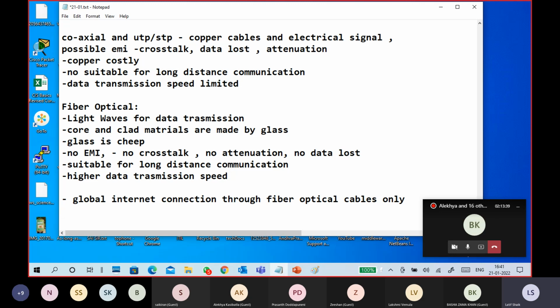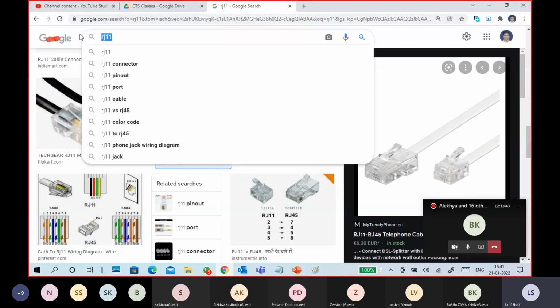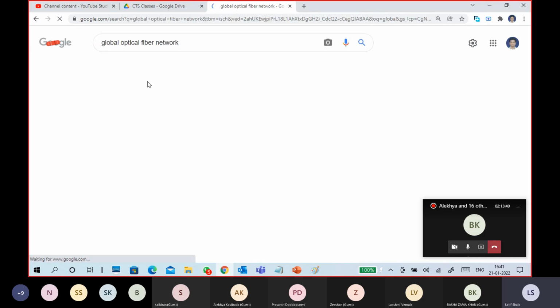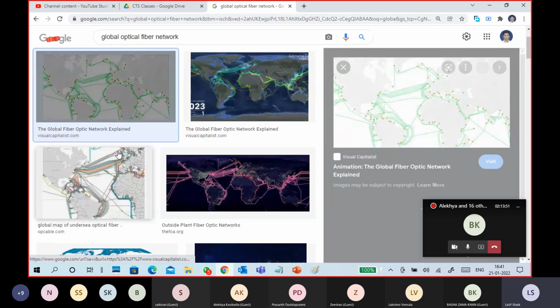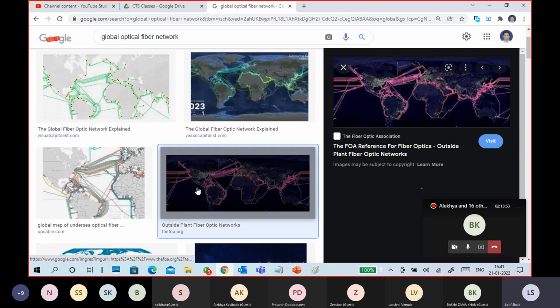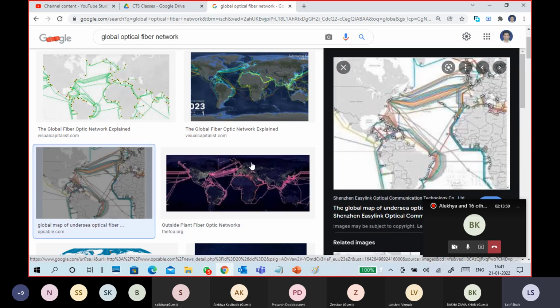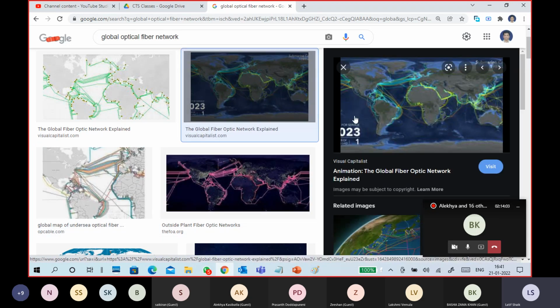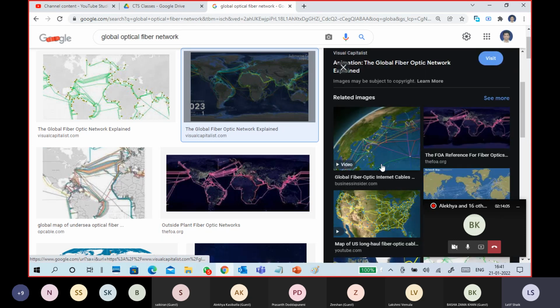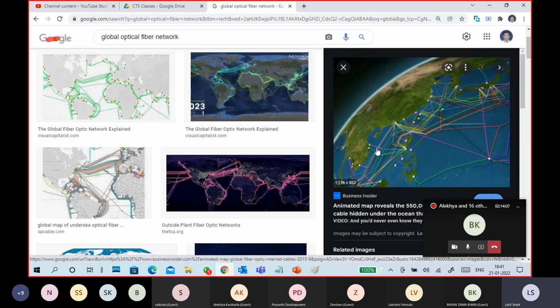You can just go to Google and type global fiber optical network, or optical fiber network. Anybody can use it. There are certain websites where you can view the status of each and every cable and connection, and how much data is transmitting.